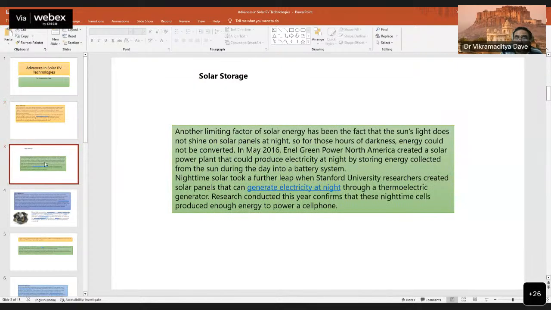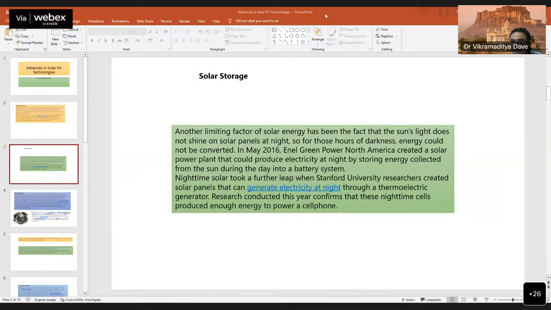Another focus is on solar storage. Can we have a battery where we can store energy for more than 10 to 20 days? And you will be surprised to know, when I say efficiency of 20%, one important point I want to elaborate.